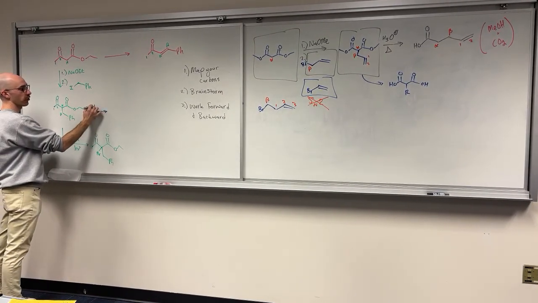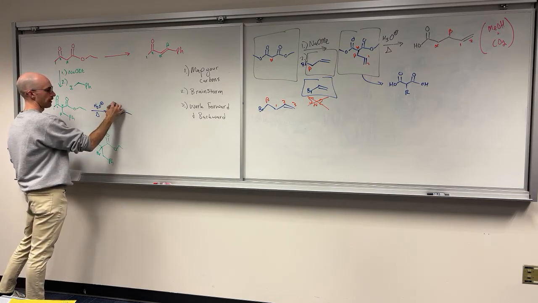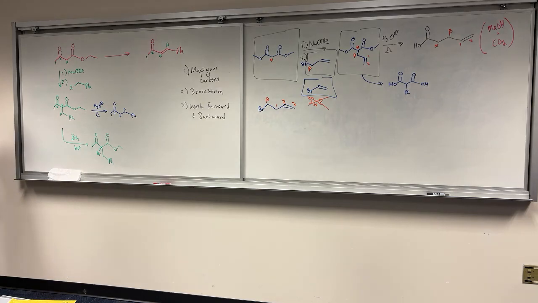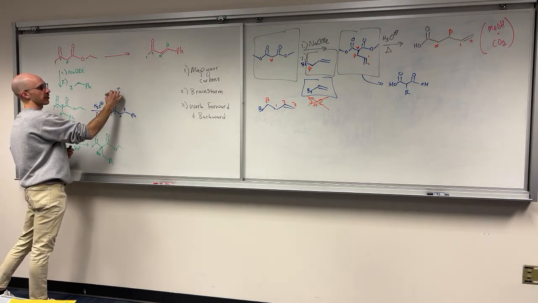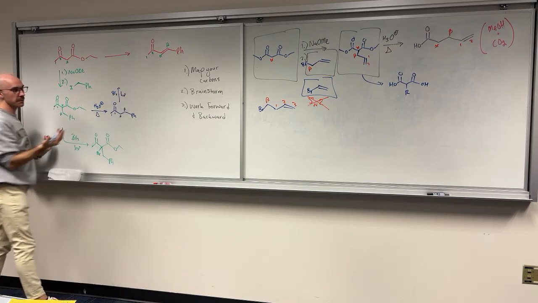However, I could have also run my decarboxylation right now, and that would leave me with alpha connected to beta and beta connected to my phenyl group. Here, I could run halogenation, and this might be debatable.